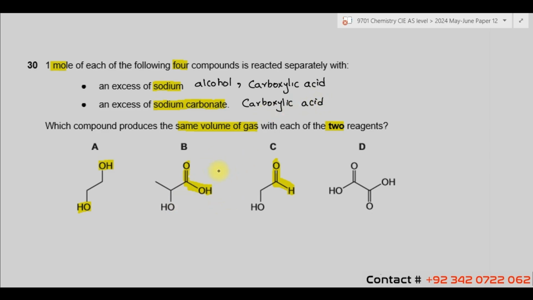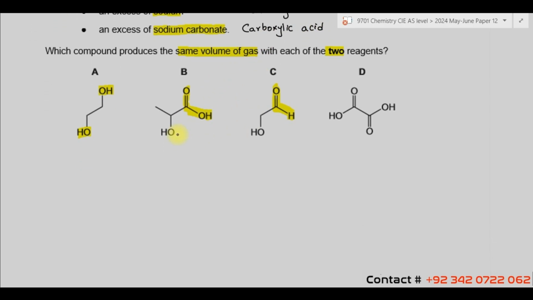Let's find out volume of gas formed. So in part A we have 2 carbon atoms present and both are attached to alcohol groups. So CH2OH, CH2OH. First reacting with sodium, alkoxide is formed, so sodium replaces hydrogen atom on both carbons.